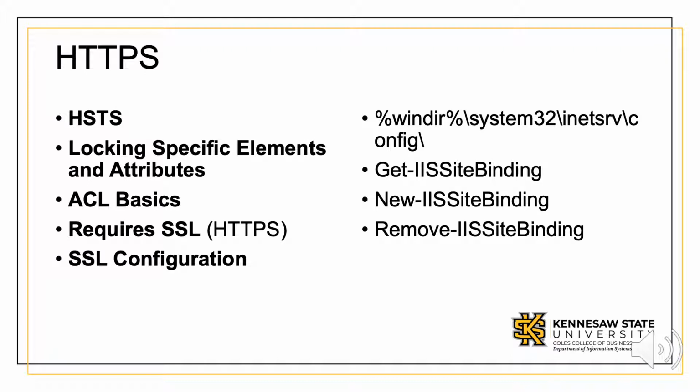There's a lot of ways that HTTPS can be hardened, specifically on the IIS server. You can lock elements and attributes, which allows the user to feel more comfortable, allows the system administrator to feel more comfortable about what sites the users can and can't go to.